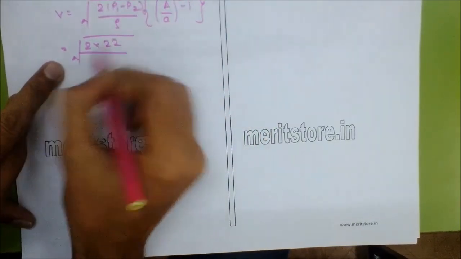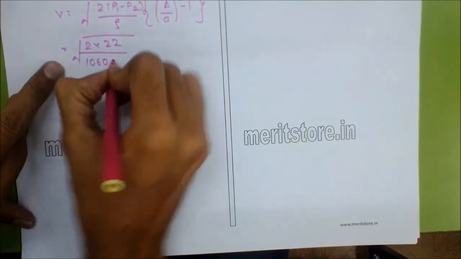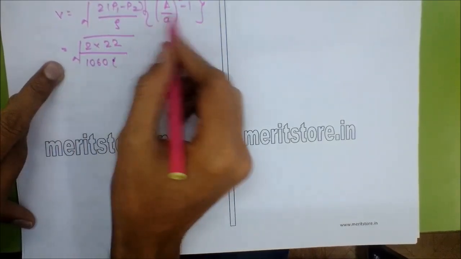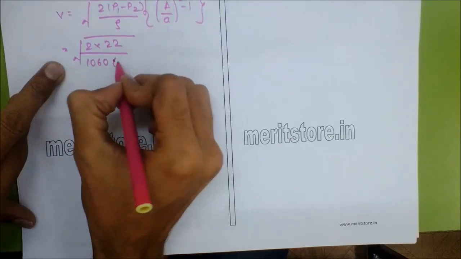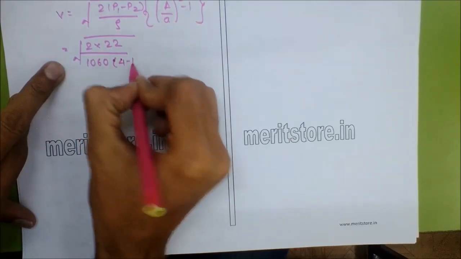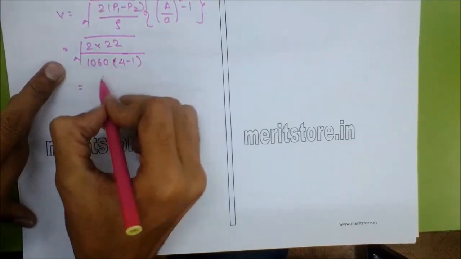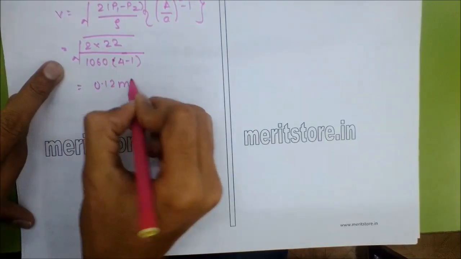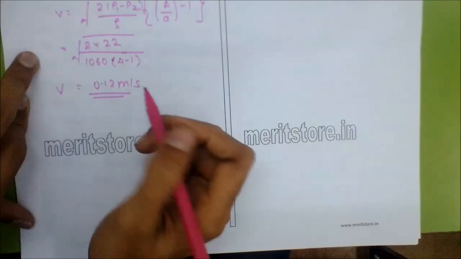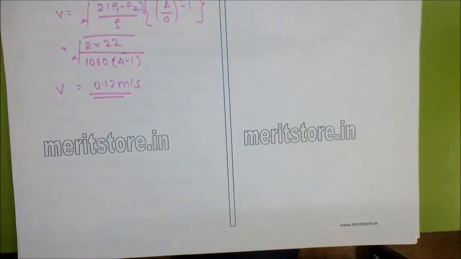Okay, it is given, and the rho, that is 1060, into this A upon a square gives you 2 square, that is 4, minus 1, which gives you the value 0.12 meter per second. Okay, so that much is the velocity of the blood in the wider part.